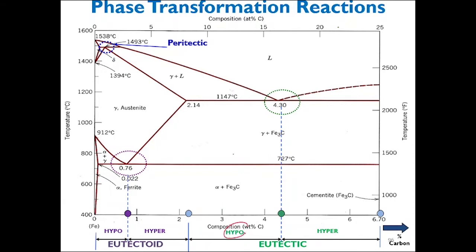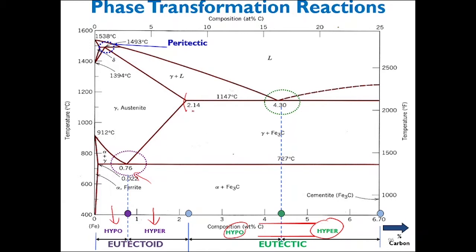For hypo and hypereutectic, we already covered them in the binary eutectic phase diagram. So for the iron-iron carbide phase diagram, we will cover hypoeutectoid and hypereutectoid, and also the eutectoid microstructure itself. Eutectoid occurs at a composition of carbon in iron less than 2.14% carbon content.